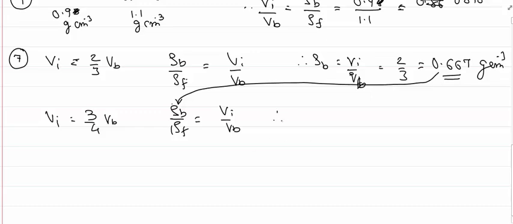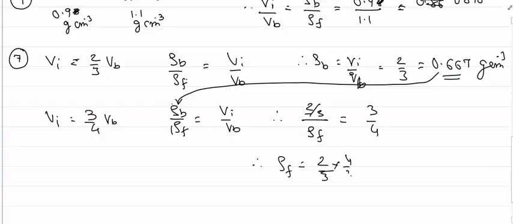Therefore, density of the body is 2 by 3, density of the fluid is to be found out, and Vi upon Vb is 3 by 4. Therefore, rho F will be equal to 2 by 3 into 4 by 3.